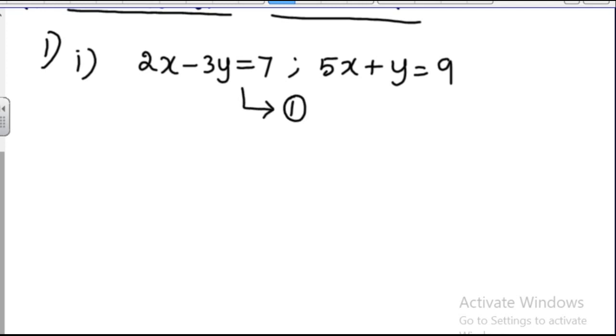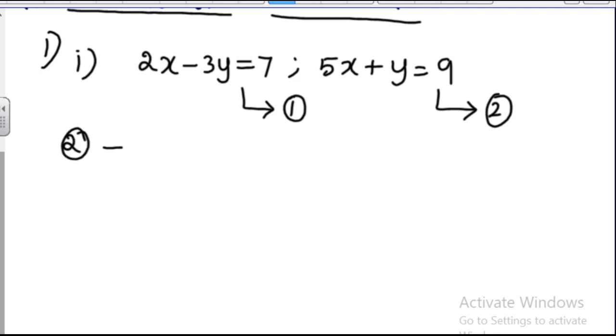First ஏதாவது ஒரு equation choose பண்ணுங்க, then அதுல ஏதாவது ஒரு variable choose பண்ணுங்க. எப்படி choose பண்ணா ஈஸியா இருக்கும் அப்படினா, for example I am taking equation number 2, 5x plus y is equal to 9. I can choose the variable y because in this y we don't have a coefficient, so it is better to solve easily.